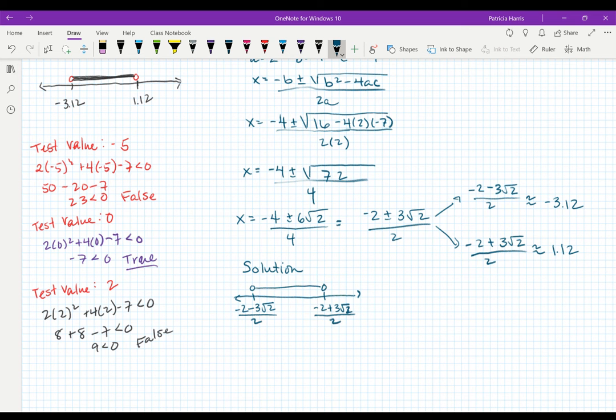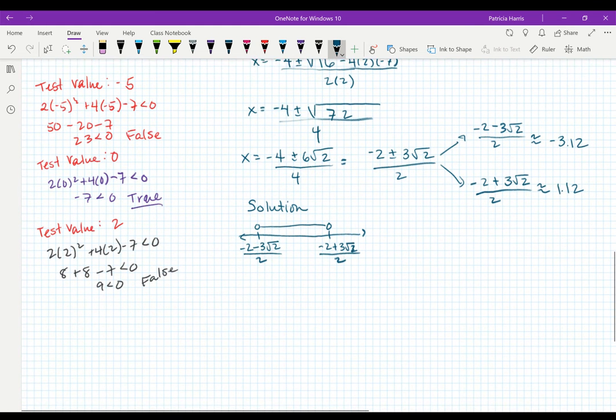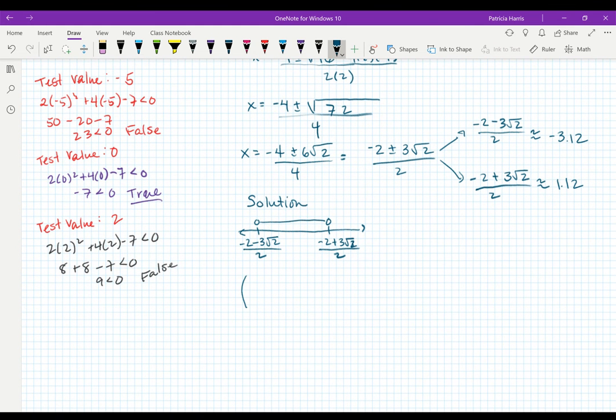Okay, that would be graphical. Interval notation would look like this. Okay.